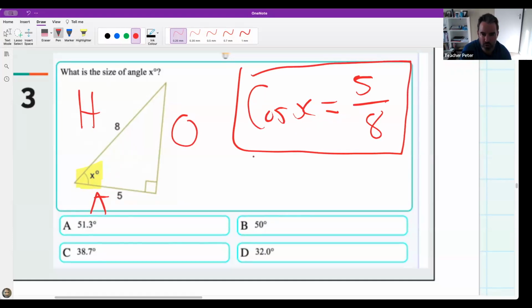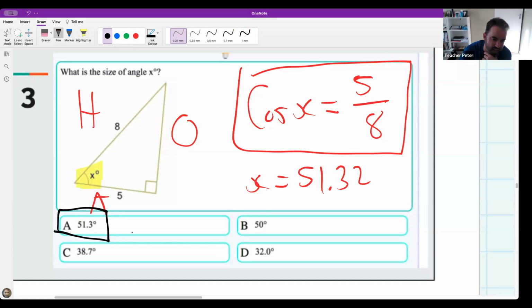And so I've taught you how to use inverse cos. So I go inverse cos 5 over 8. So shift cos, then hit the fraction button, 5 over 8. And what are you guys getting? I'm getting 51.32, which is going to round off to A. So A is the correct answer.